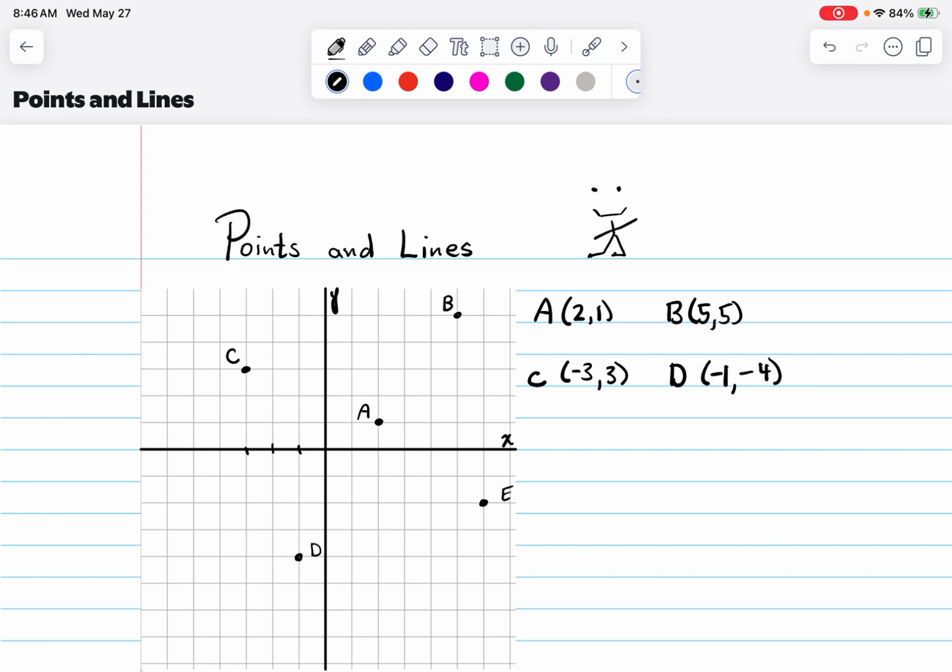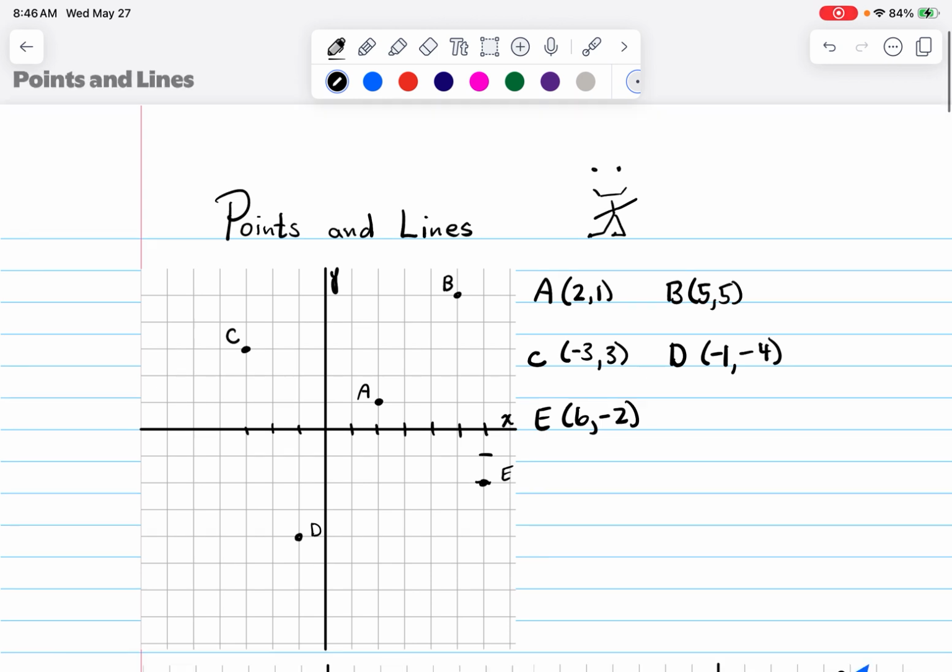Now as far as E goes, I go 1, 2, 3, 4, 5, 6. So E goes like this. I got 6, comma. Now I'm going in the vertical direction down, so that would be a negative 2. So this is the way I can talk about these points. I can name them. And remember, points are just a location.